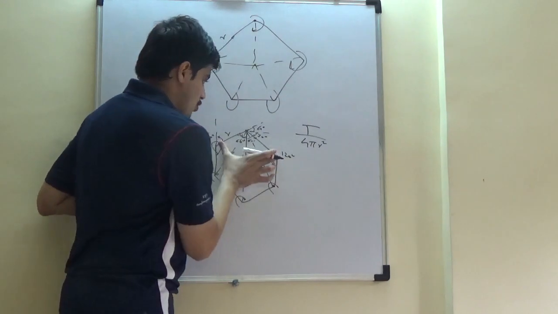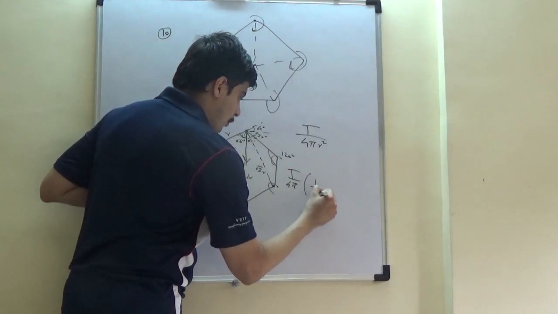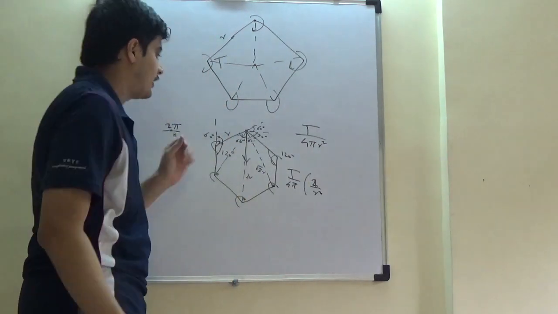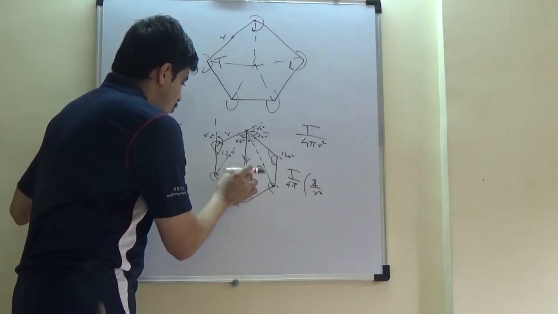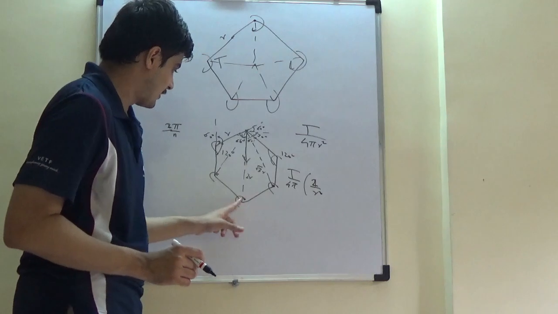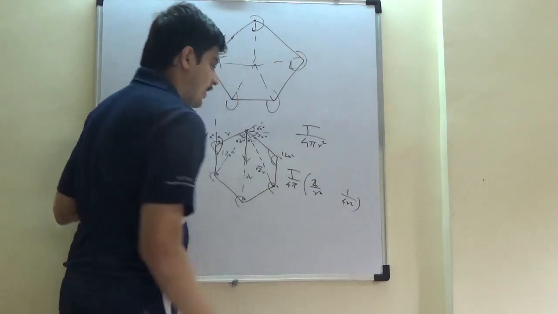So these two are individually adding tau by 4 pi, 2 upon r square, the component only in this projected direction. These two are adding a component in this direction, cos this. This is directly adding 4 r square.